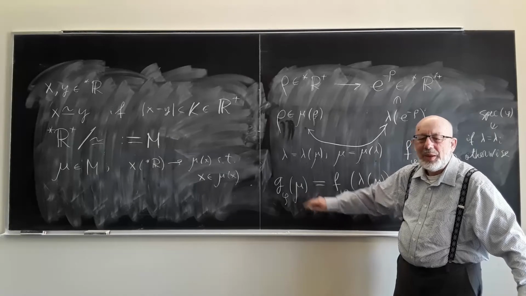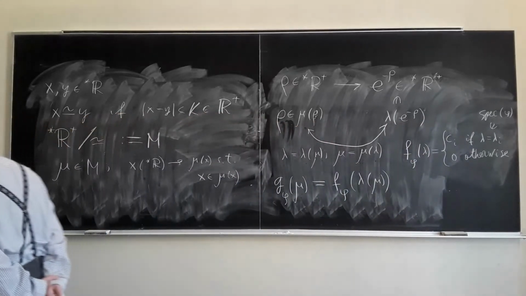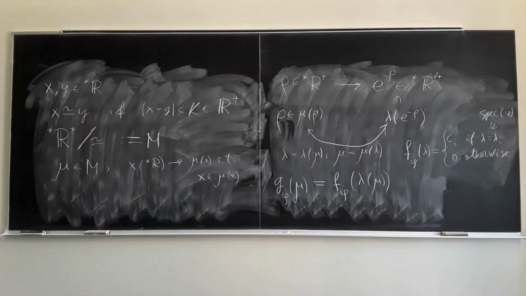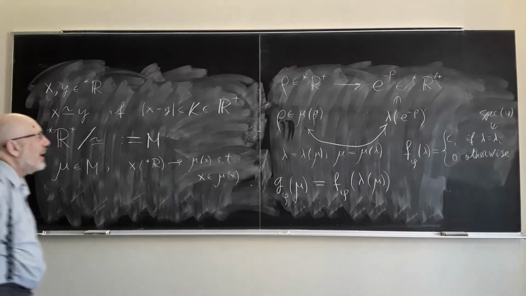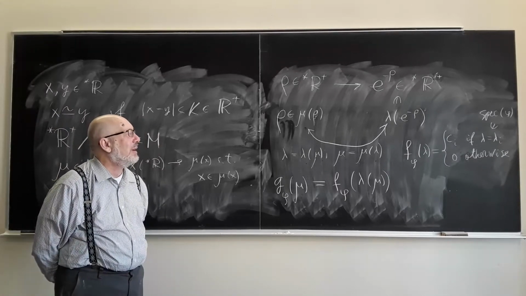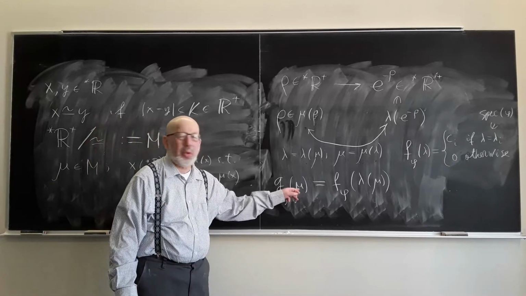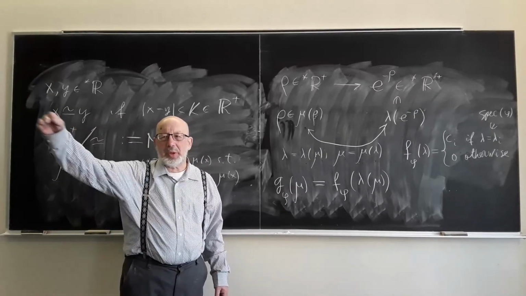And the set where the value of the function g sub phi is not zero is well ordered in this set mu. It is growing and well ordered.